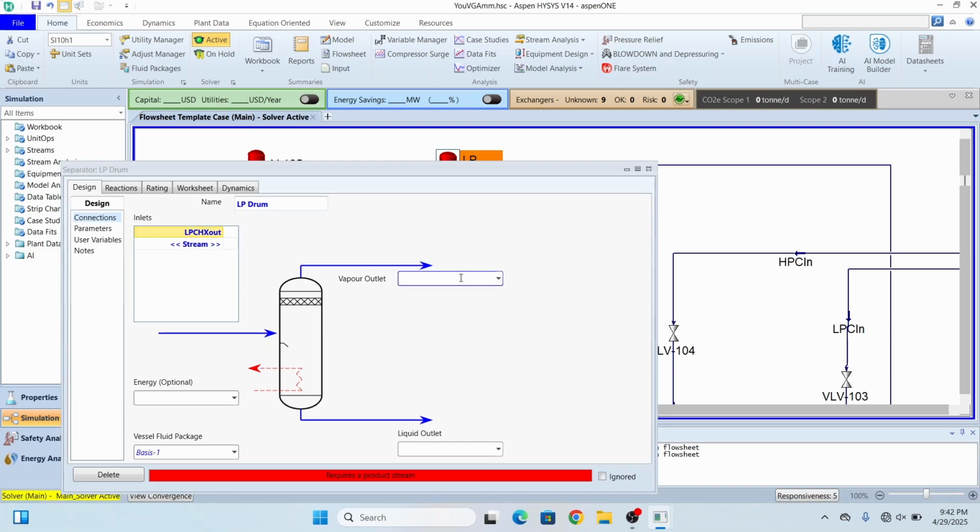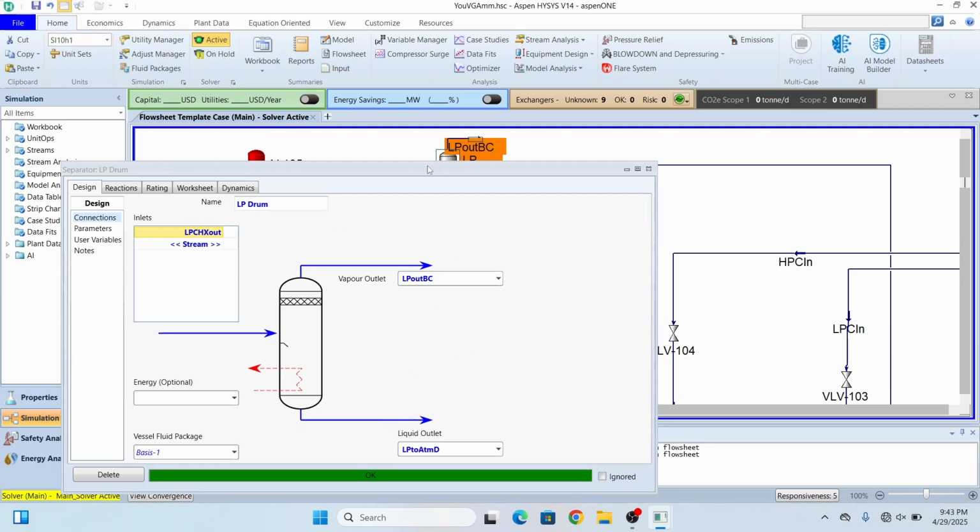You can write the vapor outlet as LP out to booster compressor. And this liquid stream will be going to, you can say, LP to atmospheric drum. So that is good.